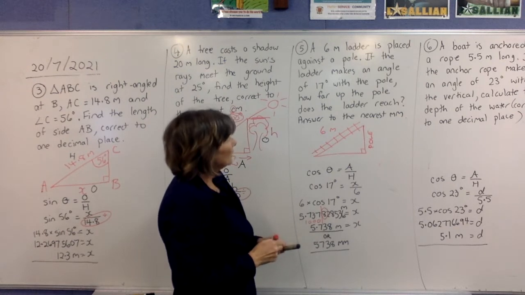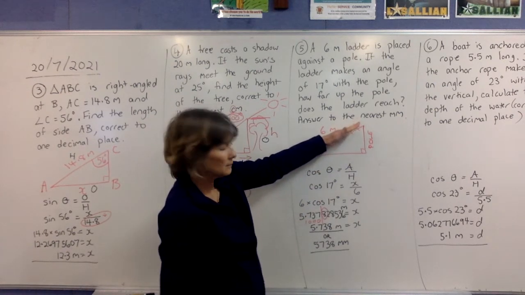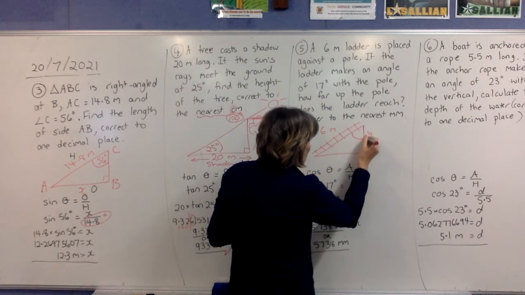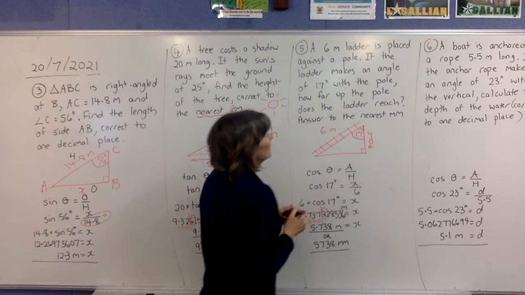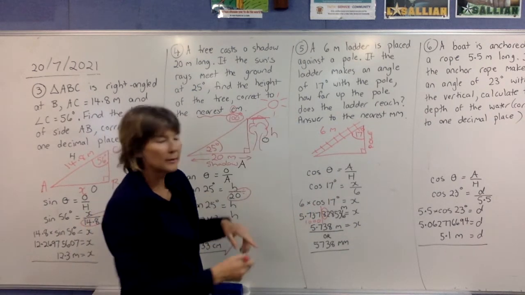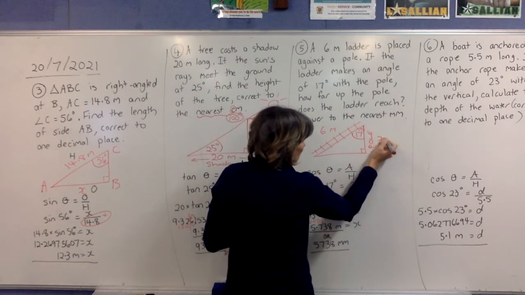If the ladder makes an angle of 17 degrees with the pole, so here's your ladder, here's your pole, the angle of 17 degrees is between them, and the question is, how far up the pole does the ladder reach? So we want to know this, so we're going to call that X.